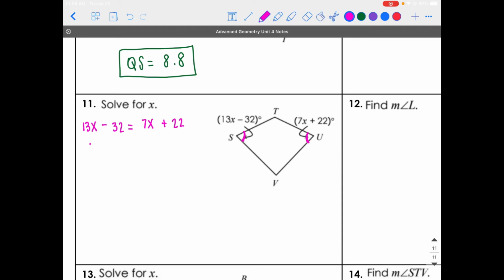When I subtract 7x from both sides, we get 6x minus 32 equals 22. Then when I add 32 to both sides, we get 6x equals 54. Solving for x, dividing by 6, gives me x equals 9.